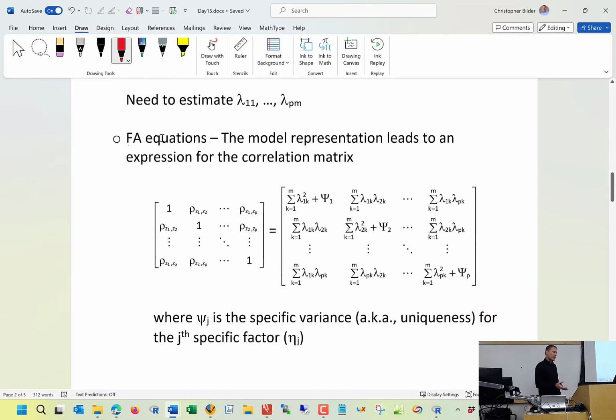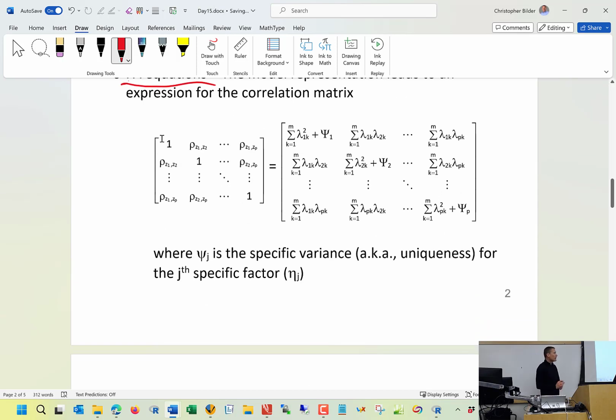With this model structure, we can also write our correlation matrix in a particular form, and we call this form the factor analysis equations. Notice, for example, 1 is equal to the sum of the lambdas for the first factor, each lambda squared, plus the specific variance, which is the variance of the specific factor.